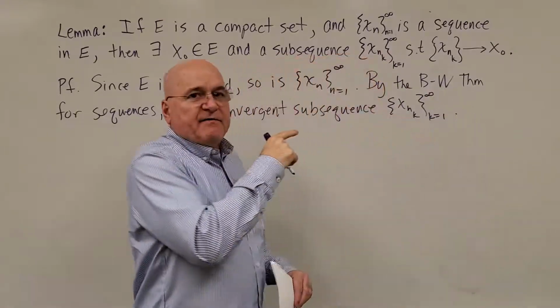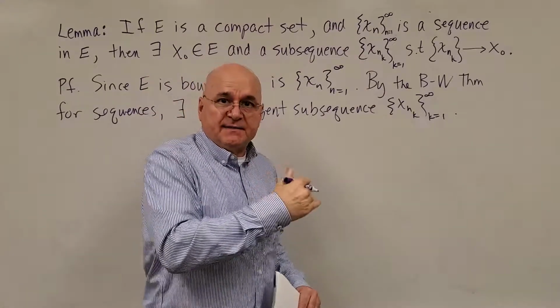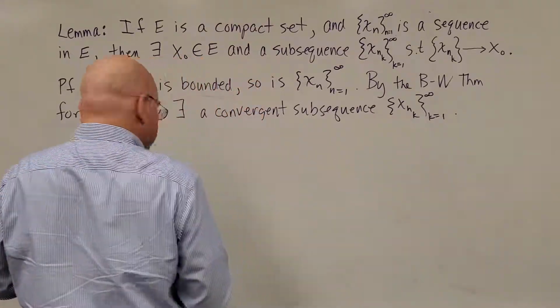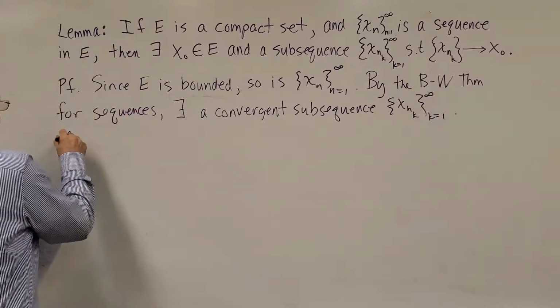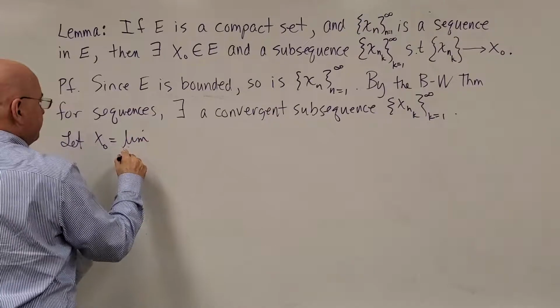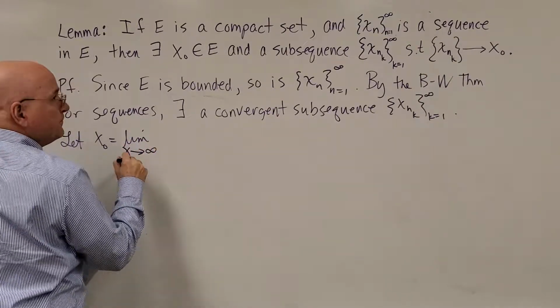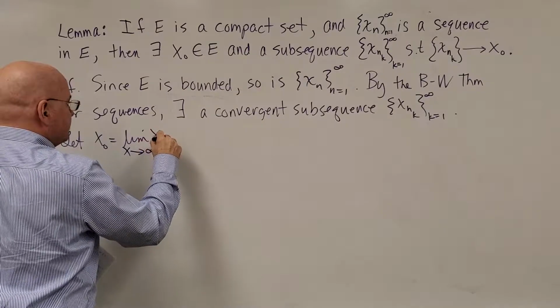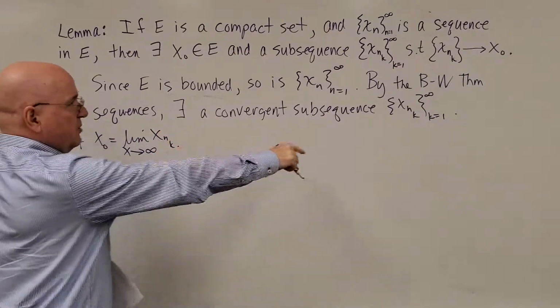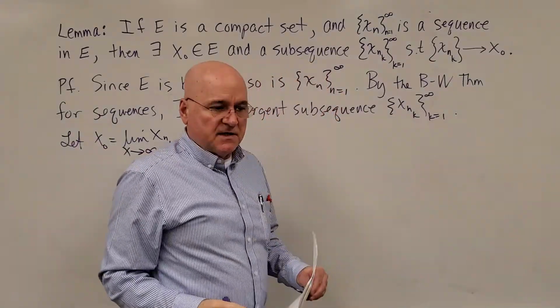All right, since we have a convergent subsequence, let's define what the limit of that sequence is. Let's say that we'll let X naught equal the limit as k goes to infinity of X sub nk. So this subsequence converges to X naught.